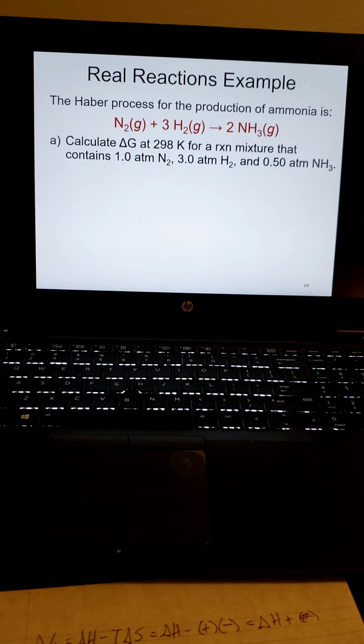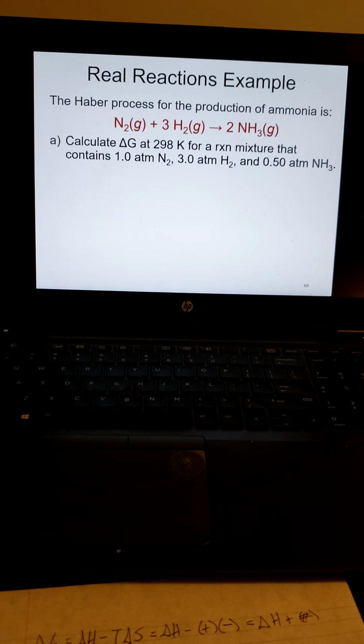So calculate delta G at 298 Kelvin for a reaction mixture that contains 1 atmosphere of nitrogen, 3 atmospheres of hydrogen, and 0.5 atmospheres of ammonia. And we're doing this for the Haber process for the production of ammonia, which is taking nitrogen and hydrogen and reacting them together to make ammonia.